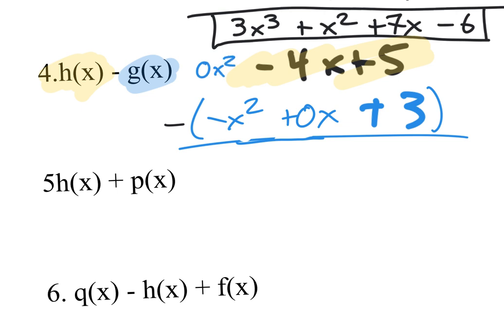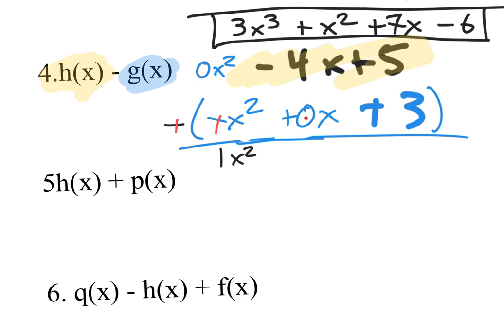And now when you line it all up, all you're doing is you're doing 0 minus negative 1. Now this is where it gets a little bit tricky. 0 minus negative 1, that's a double negative. So this is the same thing as saying 0 plus x squared. So what I like to do is do little pluses here when you have a double negative. They cancel out. So 0 plus 1 is 1x squared.